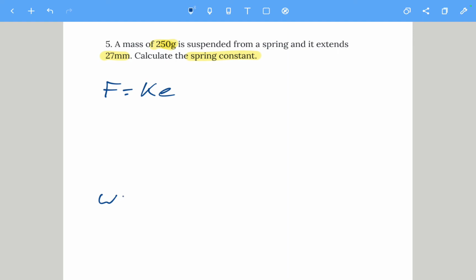And remember that weight is mass times gravitational field strength. And the mass of 250 grams we need to convert into kilograms by dividing by 1,000, which gives us 0.25 kilograms. And remember, gravitational field strength on Earth, we need to remember 9.8 newtons per kilogram. So that'll give you a weight that's equal to 2.45 newtons.